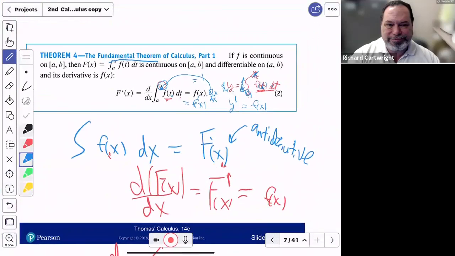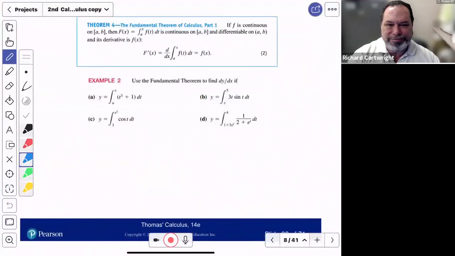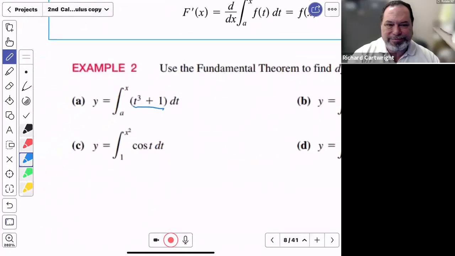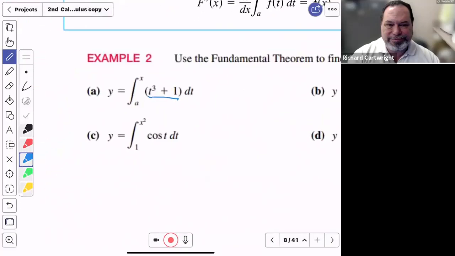So let's see if we can use this. This problem would be easy for anybody to do the integral of. Maybe I'll do this one that way. I want to show it to you in action. We're doing y.